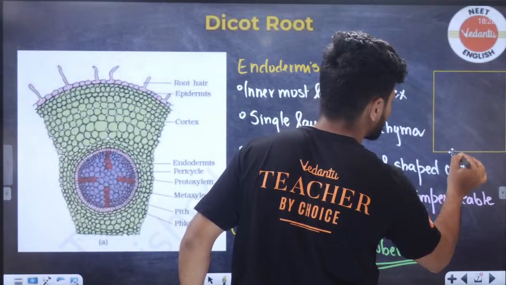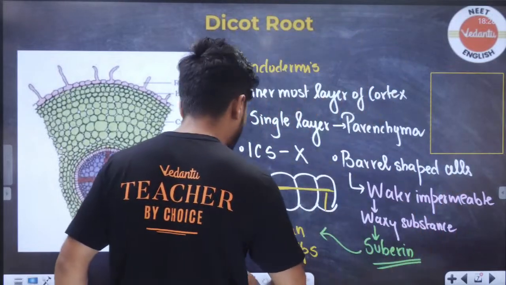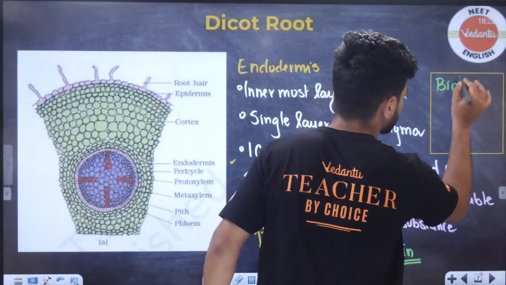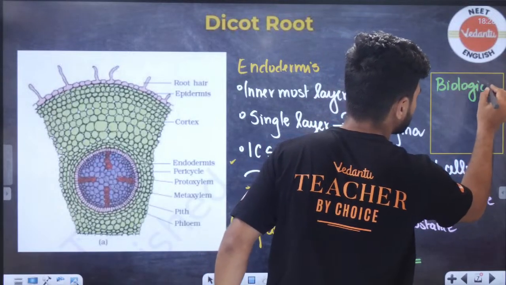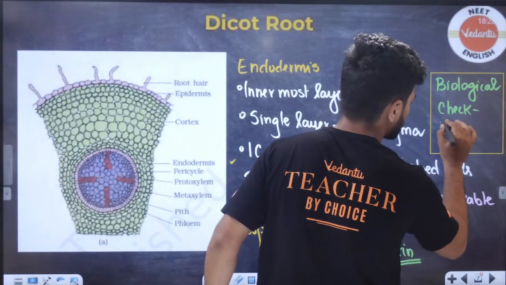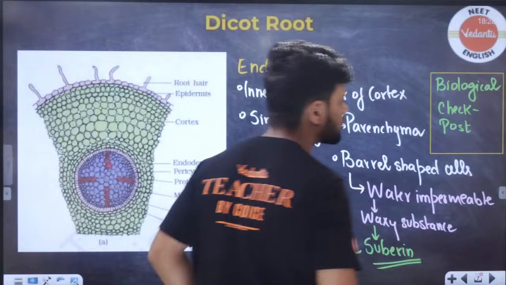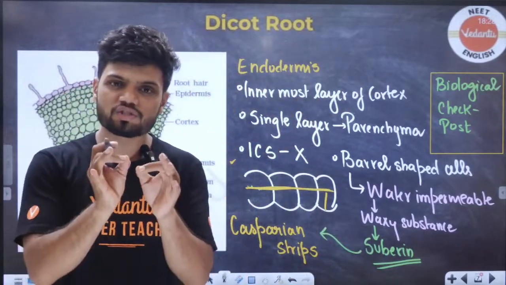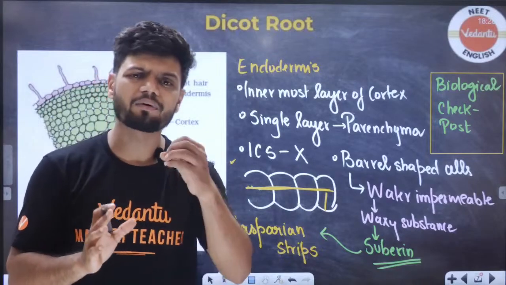Very extra point, so write down: it is a biological check post. It will make sure that the proper water and minerals are coming. It will check and not randomly allow anything inside.